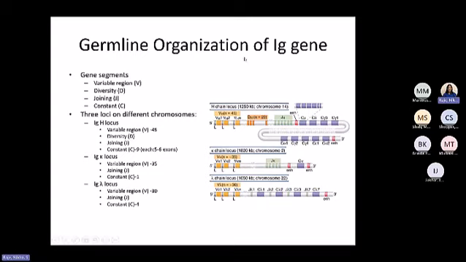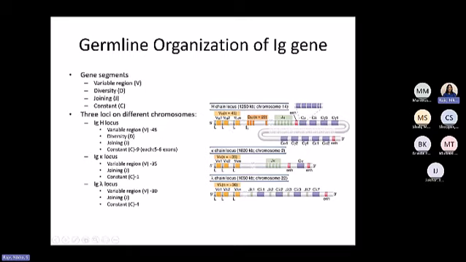Here we are talking about immunoglobulin locus, so B cells. In those cases, there are 3 of these regions on different chromosomes: immunoglobulin, so IgH or heavy chain locus, and the light chain locus. There are 2 light chains, kappa and lambda, so there are 3 different regions here. So in those areas, there are various V, D, J, and C segments.